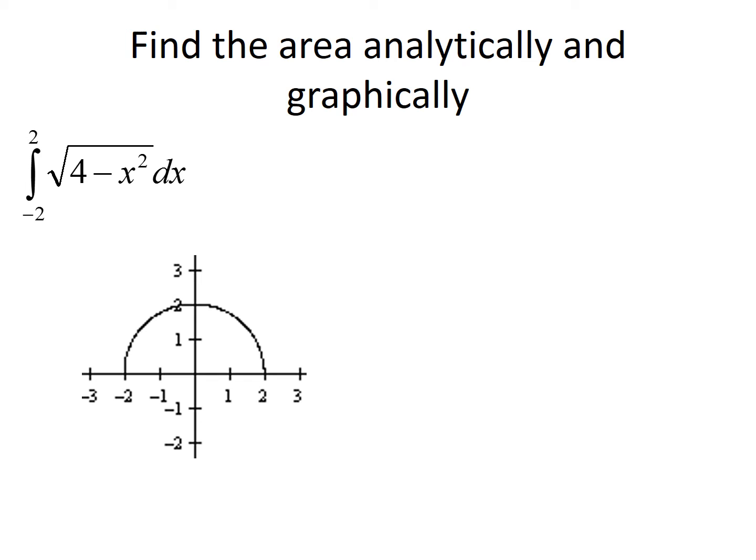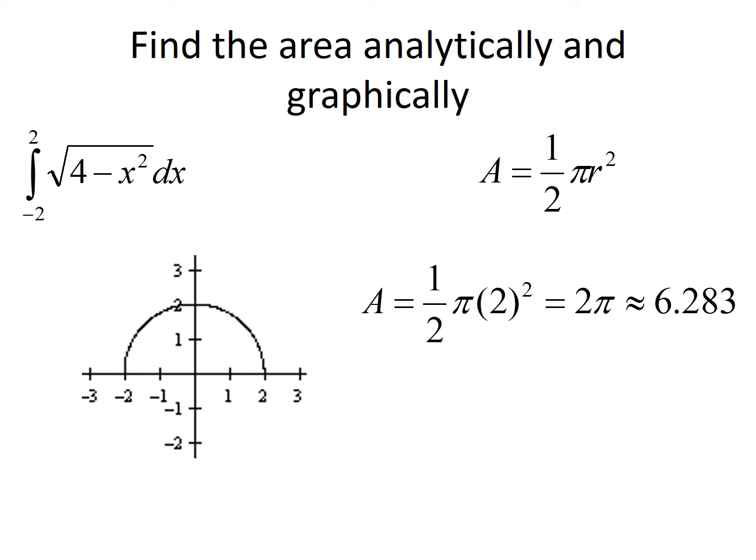So now I can find the area under the curve just by knowing the formula for area. I get 2 pi, and approximately 6.283. Remember, always take it 3 places behind the decimal.